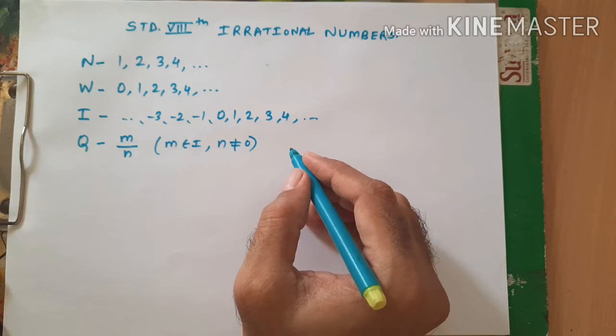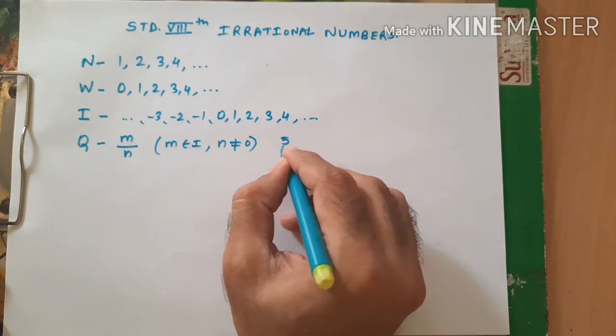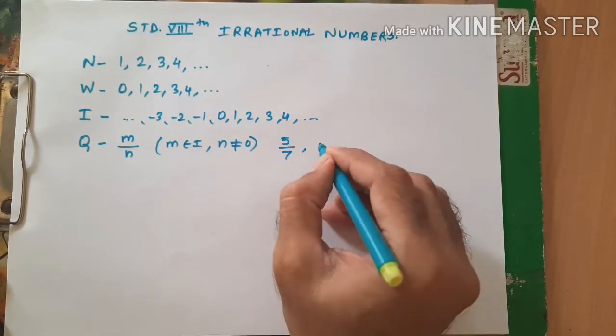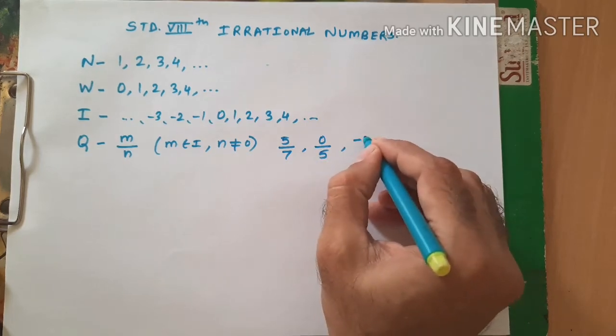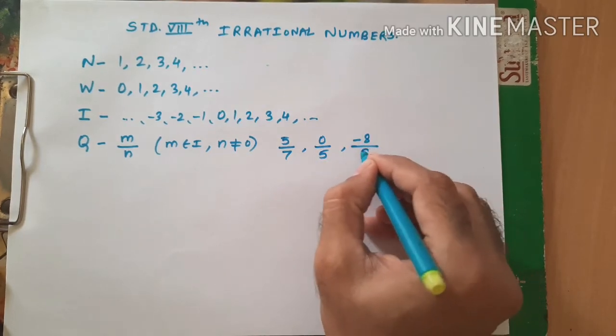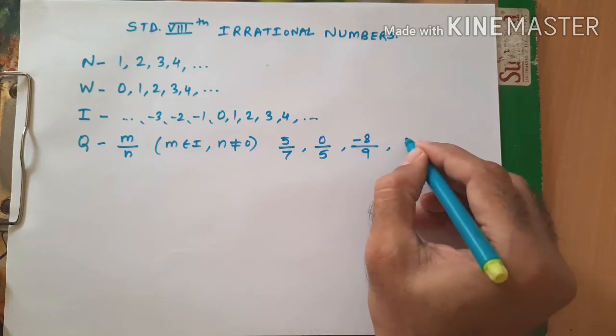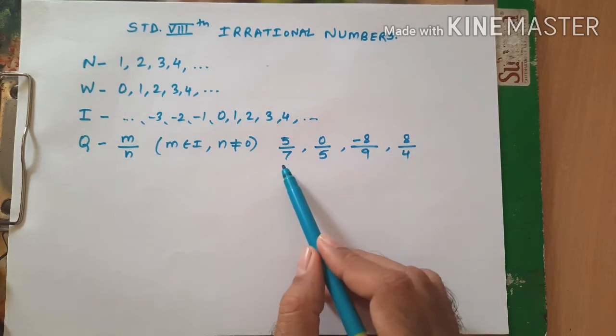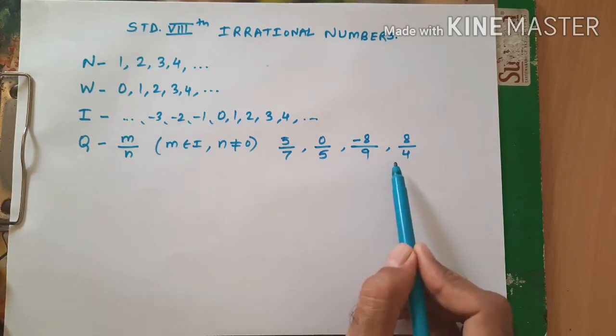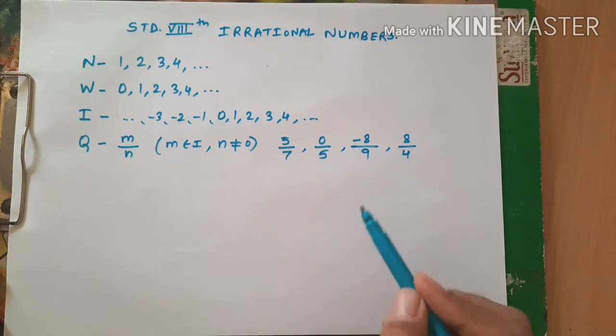Examples of rational numbers can be given as 5 upon 7, or 0 upon 5, or -8 upon 9, or 8 upon 4, etc. The only condition is that there should not be 0 in the denominator.